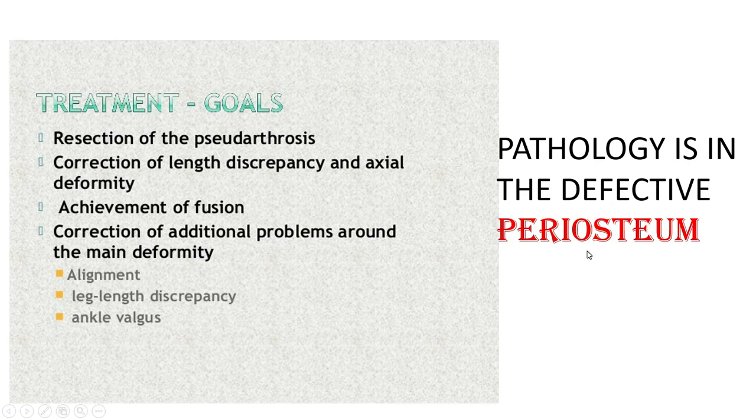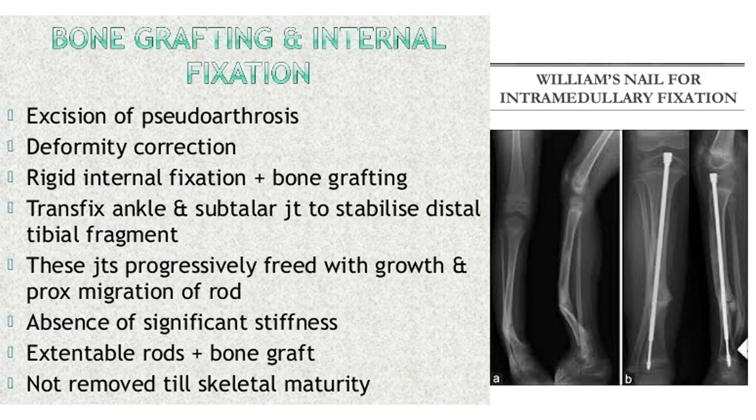Whatever treatment or operation has been described in the literature, all are very meticulously done, but I will show the result. First is excision of this pseudoarthrosis, and after that deformity correction and rigid fixation with bone grafting.